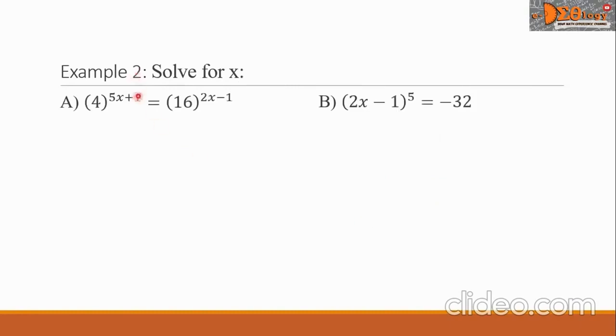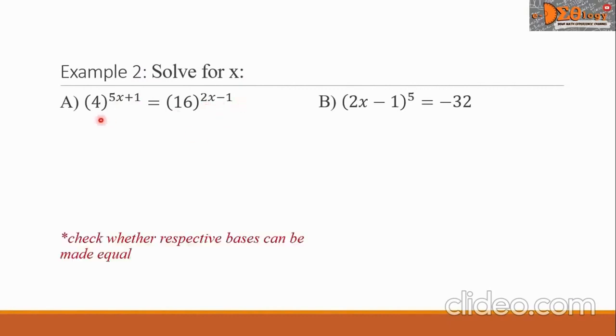Let's go to example 2. Solve for x. We have two problems here, A and B. Let's begin with A. 4 raised to 5x plus 1 equals 16 raised to 2x minus 1.